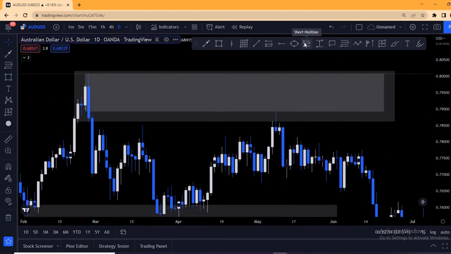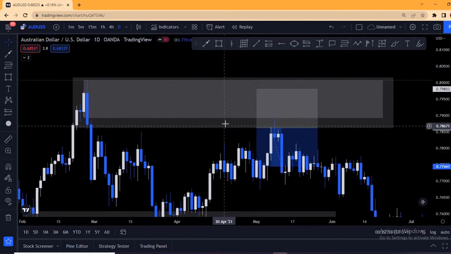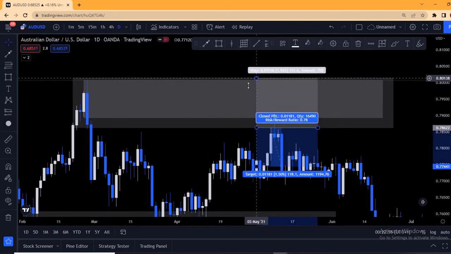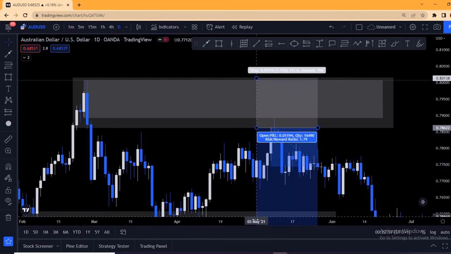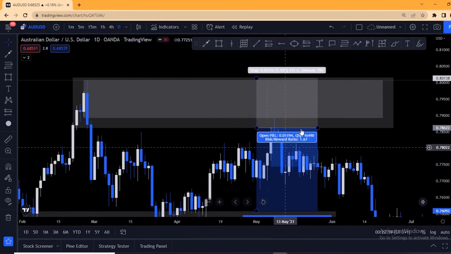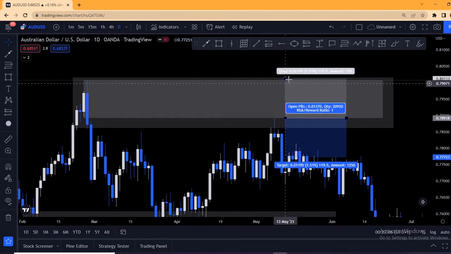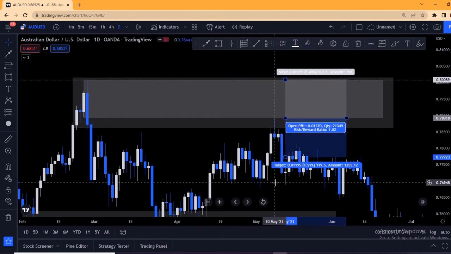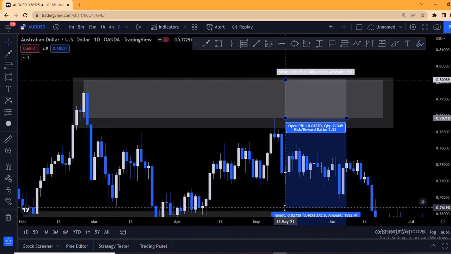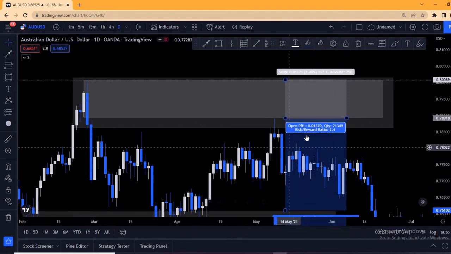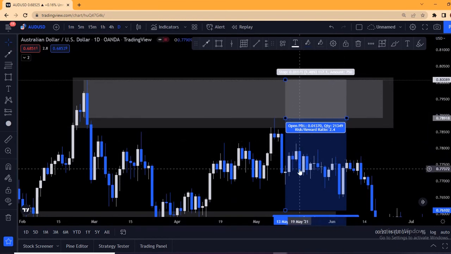If you're shorting from here, your risk to reward will be 1 to 6.7. Then if you're shorting from here, your risk to reward will be higher, of course, which is 2.4. I'll be going over risk to reward later, but this is it. When you refine your zones, you get higher risk to reward.